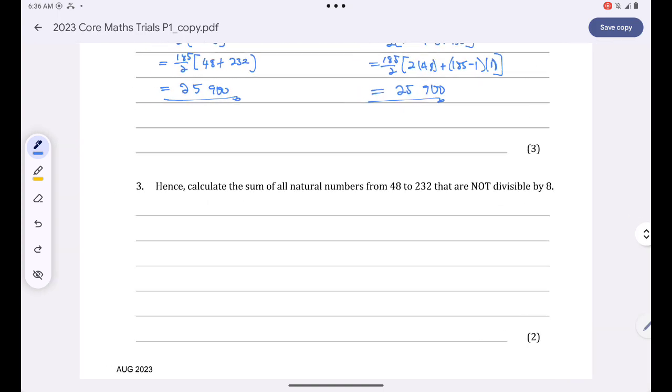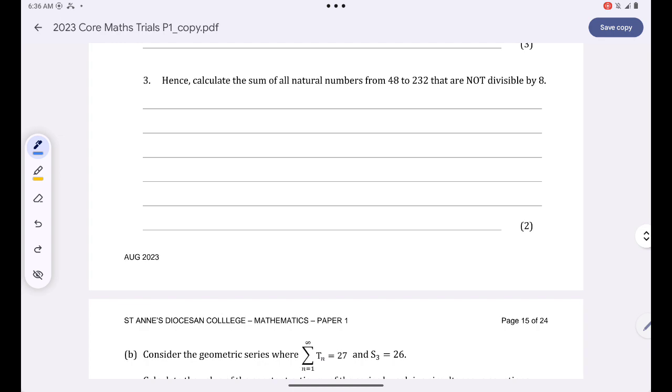And now we are being told to hence calculate the sum of all natural numbers from 48 to 232 that are not divisible by 8. So in all the natural numbers, we have the ones which are divisible by 8.